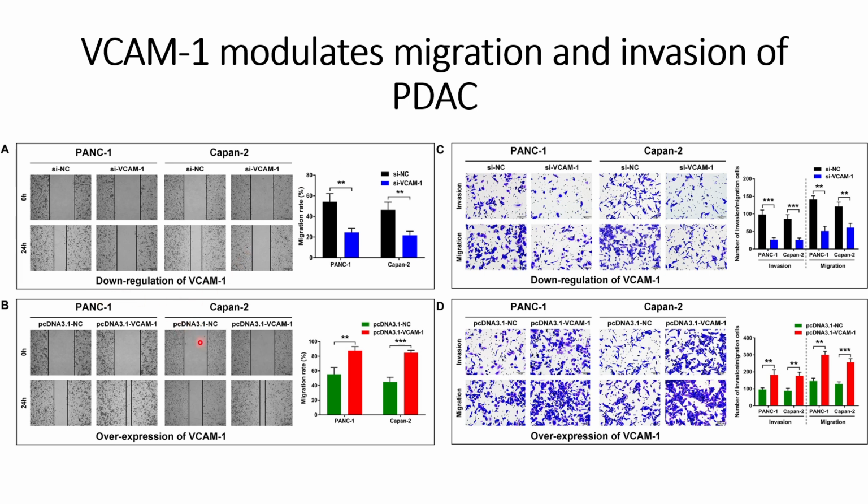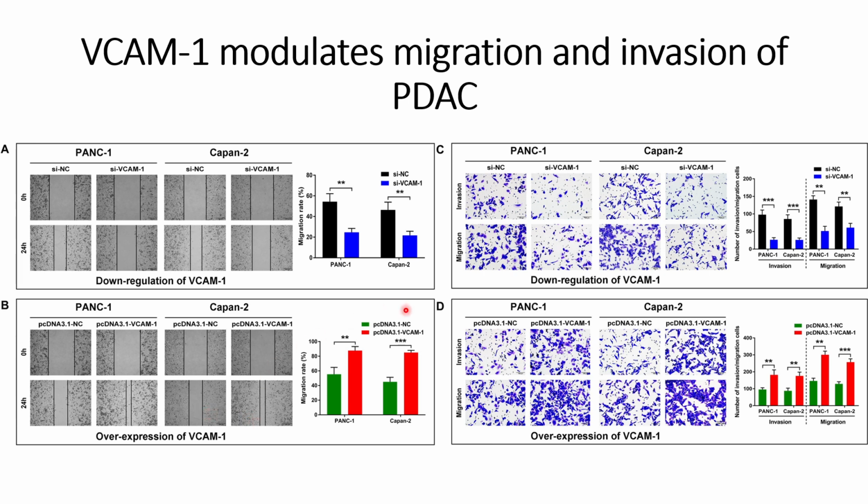And when they did the reverse, that is, they upregulated VCAM in the PANC1 cells and also in the KPN2 cells using the pcDNA3.1-VCAM-1 plasmid, what they found is that there is an increase in migration after 24 hours, both for PANC1 and also for KPN2.